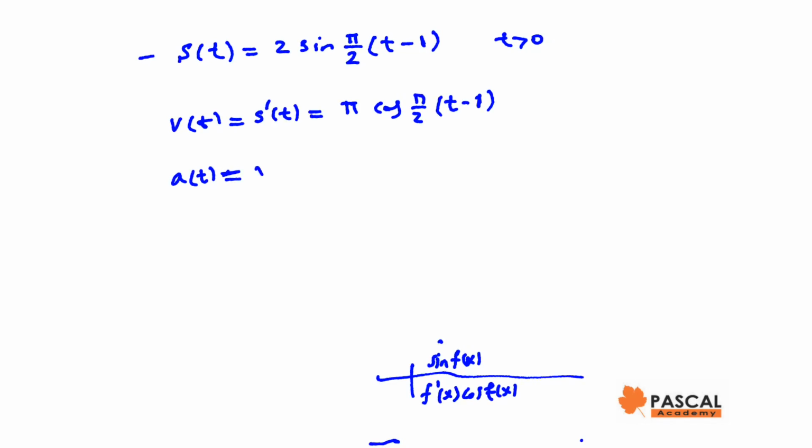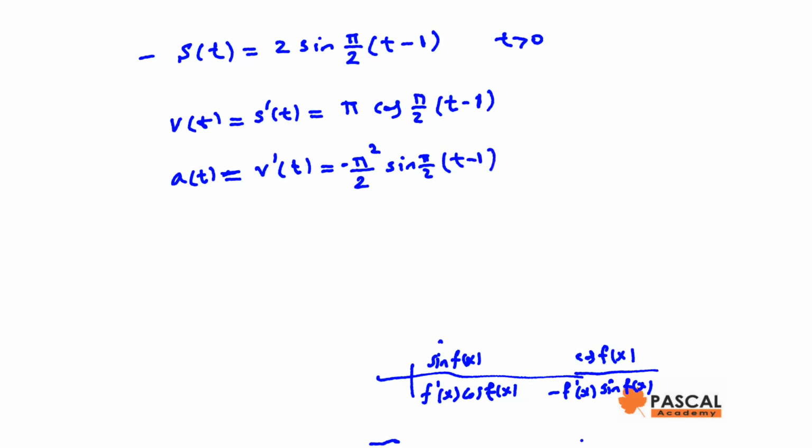Acceleration is the derivative of the velocity function. We need this formula: the derivative of cosine of f of x is minus f prime of x times sine of f of x. Therefore, v prime of t is pi times pi over 2, which is pi squared over 2, times negative sine of (pi over 2 times t minus 1).